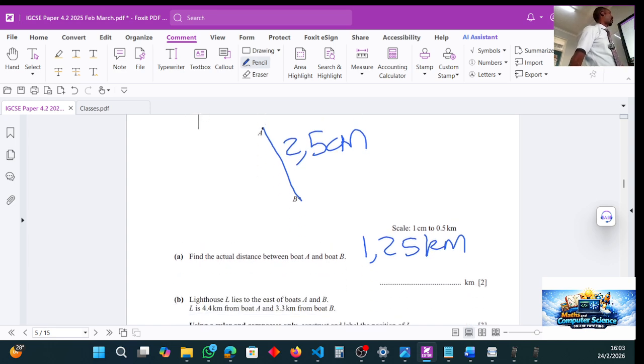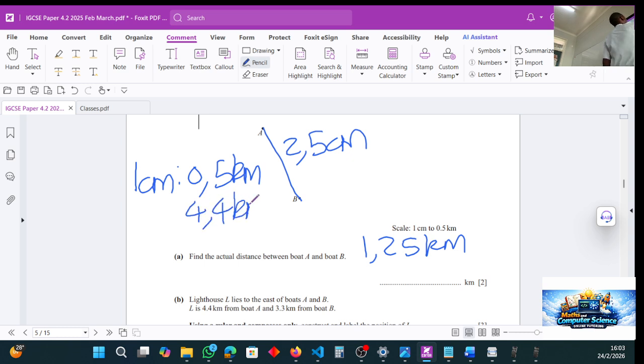All right, still proceeding. Let L lie to the east of ports A and B. Now, L is 4.4 kilometers from port A and 3.3 kilometers from port B. So we might be interested in finding the actual distance on the paper, and given that each centimeter is 0.5 kilometers, what about the distance of 4.4 kilometers?